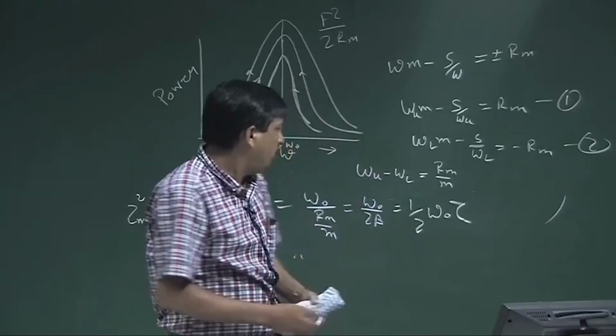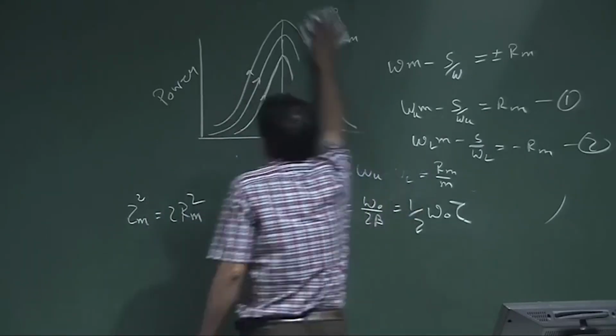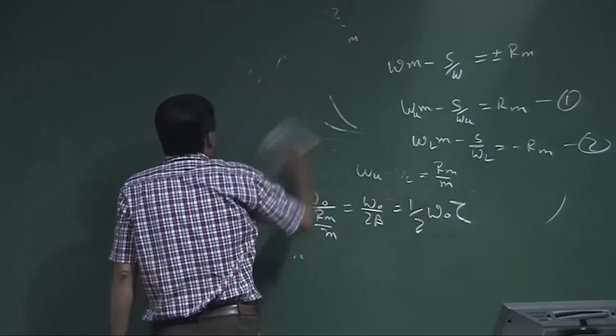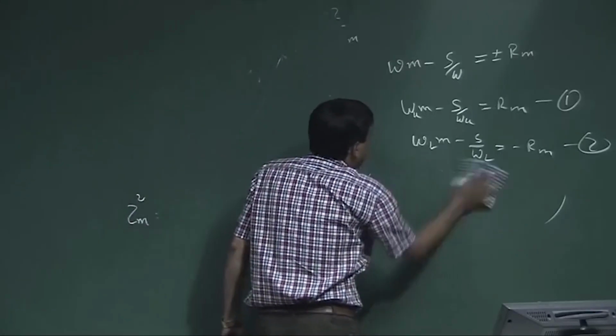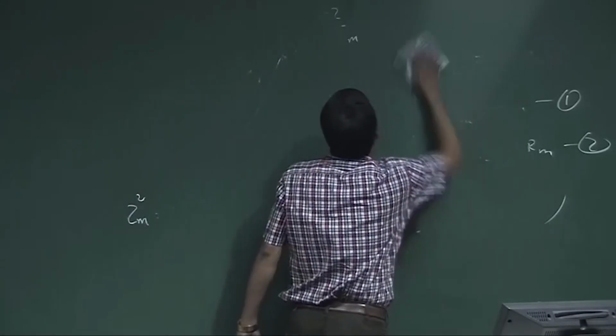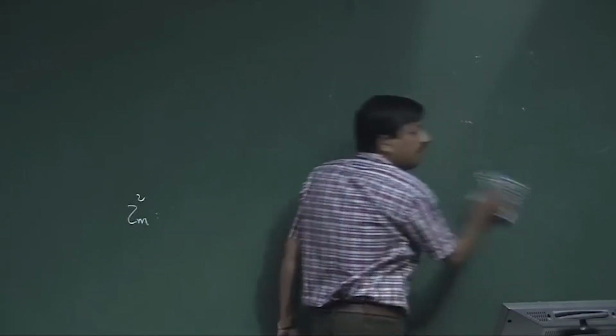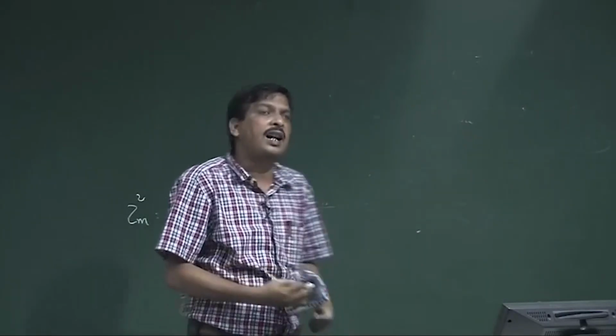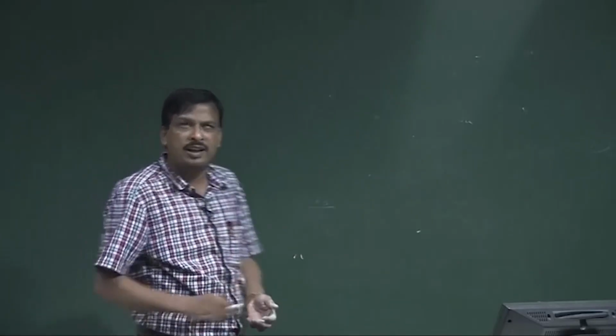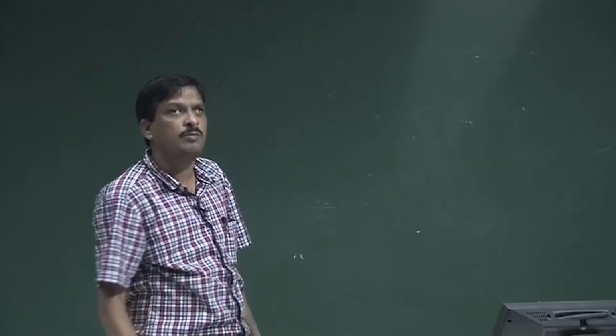Okay. Now, I go to another chapter, which is called mechanical to electrical conversion, or equivalent circuits. It is not equal, it is equivalent circuits. Can I draw an equivalent electrical system for a mechanical system? Yes, it is possible.